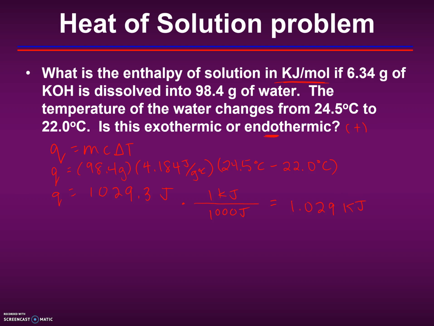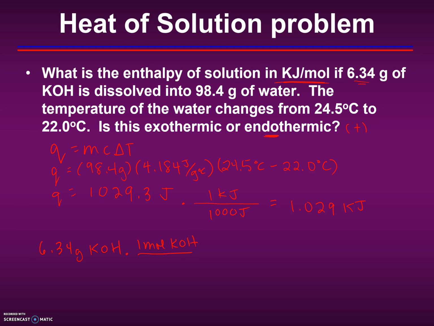It wants it in kilojoules per mole of chemical, so we want to see how many moles of chemical we used. Well, I used grams, okay, so I need to figure out my moles of chemical. So my next part of the problem is to take 6.34 grams of KOH, and I'm going to convert it to moles. So 1 mole of KOH, and then I have to do the gram formula weight.